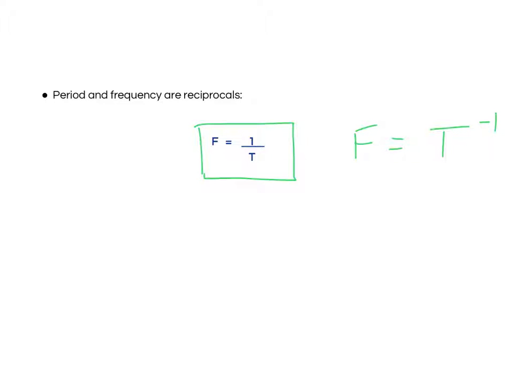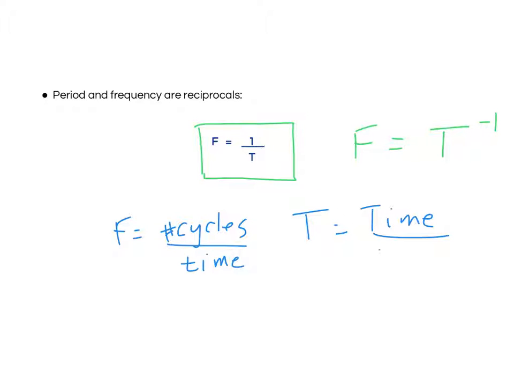And if I were to put the two equations for frequency and period side by side, then I would see that frequency is equal to the number of cycles per unit time, and period is equal to the time per cycle, which I get by dividing by the number of cycles in a given amount of time. I can see clearly that they are simply reciprocals of each other.